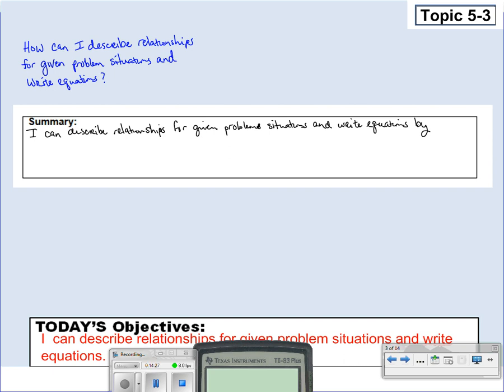So now our objective is to figure out, how did we do that? In our previous problems, what exactly did we do? So I look back at the example.